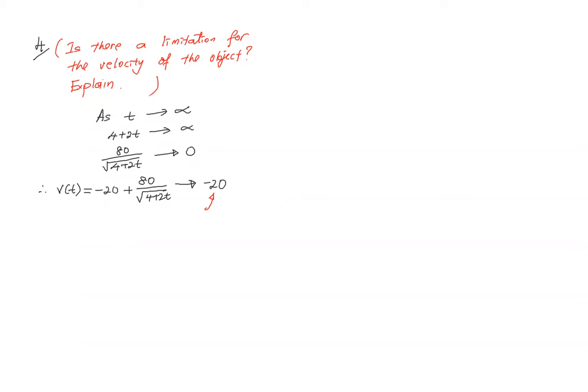Lower limit. Yeah, so this is a lower limit. So if this is a lower limit, how am I going to interpret this value? I know this is the horizontal asymptote.